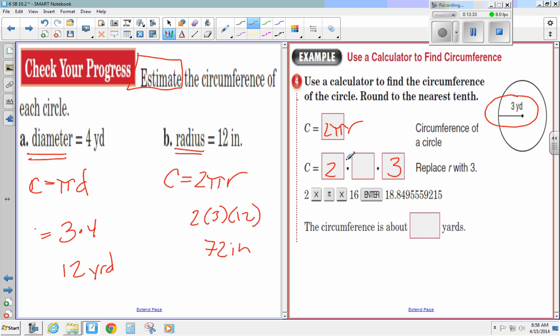And if you have a calculator, there should be a button on it that has pi. But if you use 3.14, you'll get a very good estimation. 2 times 3 is 6 times 3.14. And we would get 18.84.